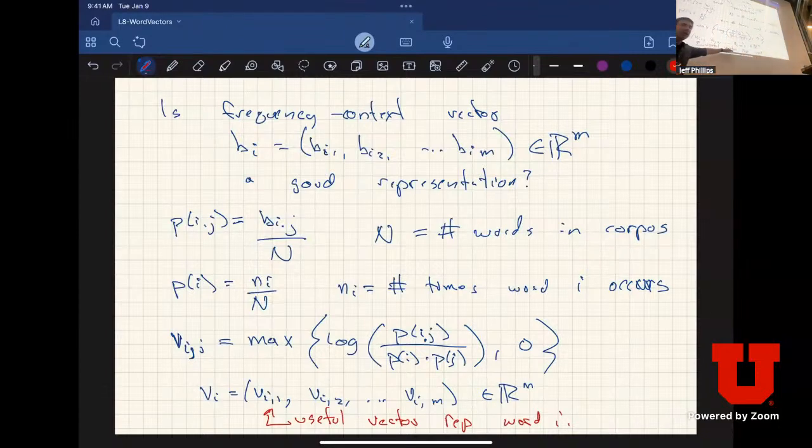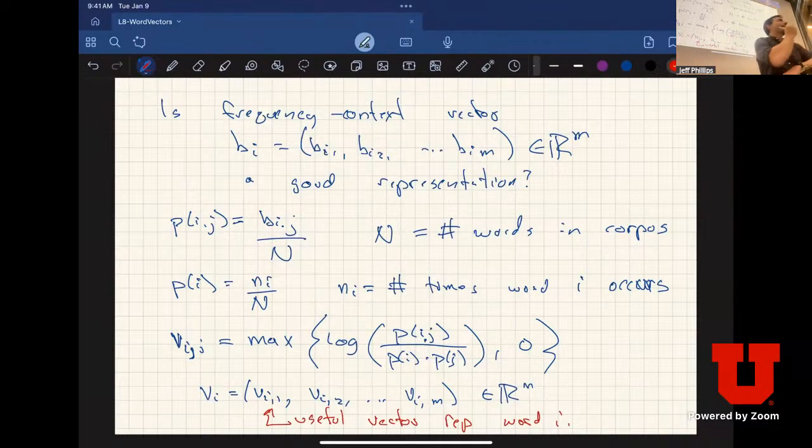This would give them similar embeddings if their context was similar. So this is a way of representing them where the cosine or Euclidean distance is a useful proxy for how similar the words are.